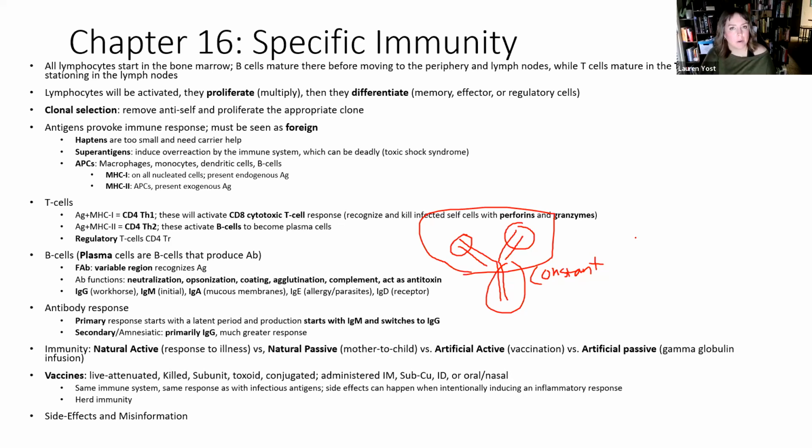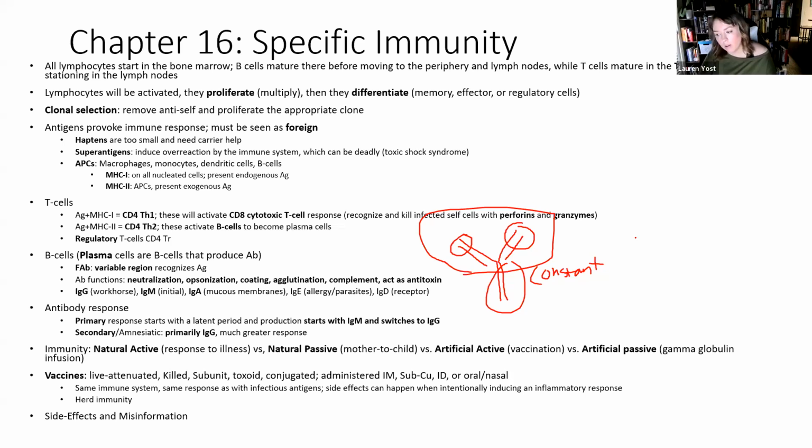Neutralization: we're going to have our antibody binding onto sites on the organism that allow it to bind to our cells, the docking mechanisms essentially, or sometimes enzymes that are associated with them. So we'll bind with it so that those things can't happen.